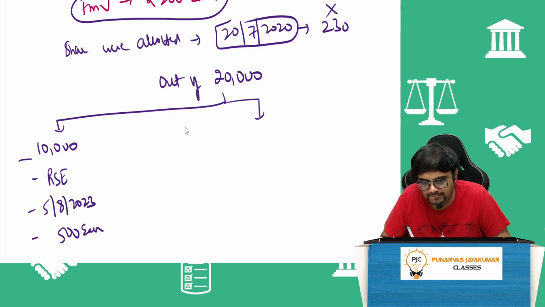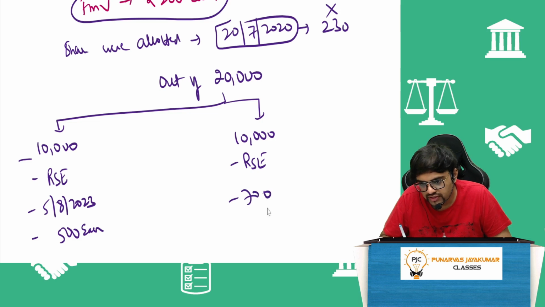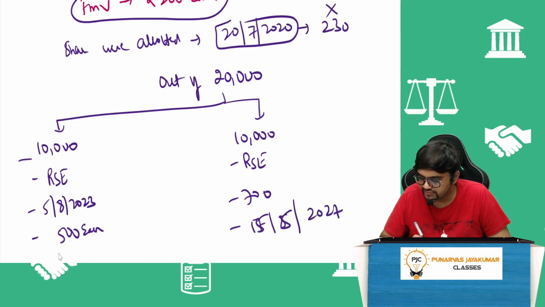Second, 10,000 shares were sold on a recognized stock exchange at 700 rupees on May 15th, 2027.